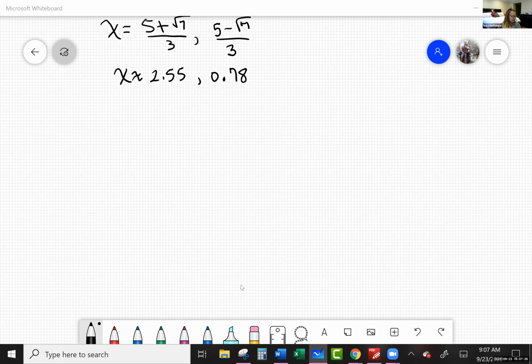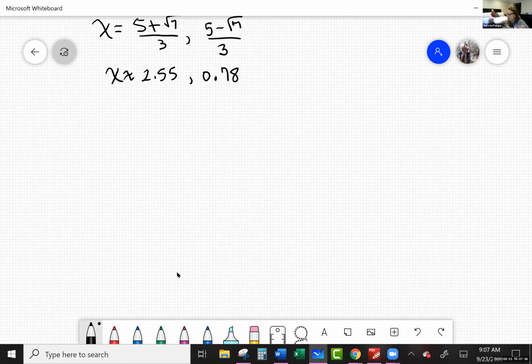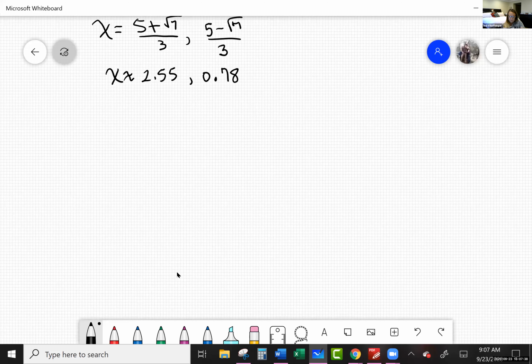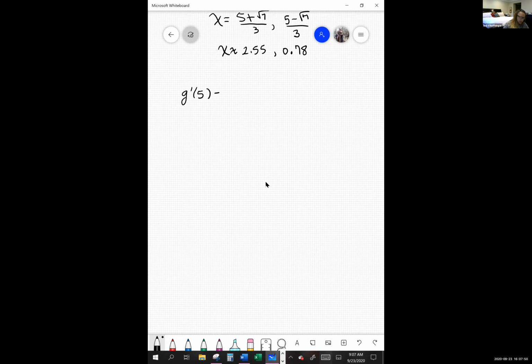So for each function here, we're given the following. Let's say that you are given that g prime of 5 is equal to 12, and h prime of 5 is equal to -3.